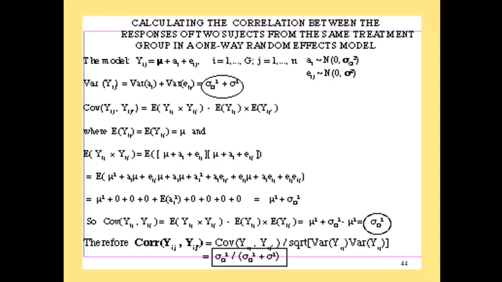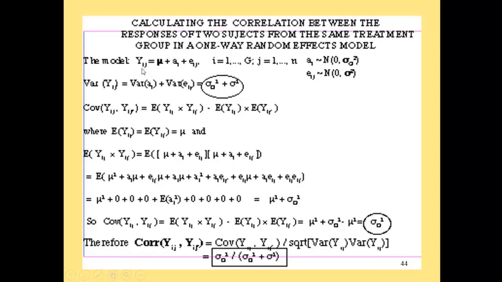So, in the fourth line, we want to start figuring out what each of these terms is so that we can get the covariance between yij and yij prime. So we're going to start off with the expected value of yij, which it turns out is the same as the expected value of yij prime, and both of them are just mu.